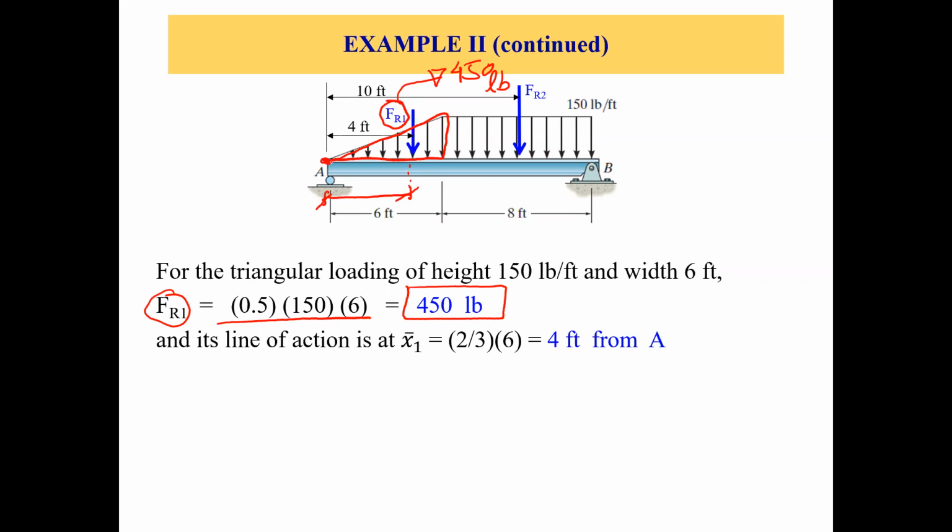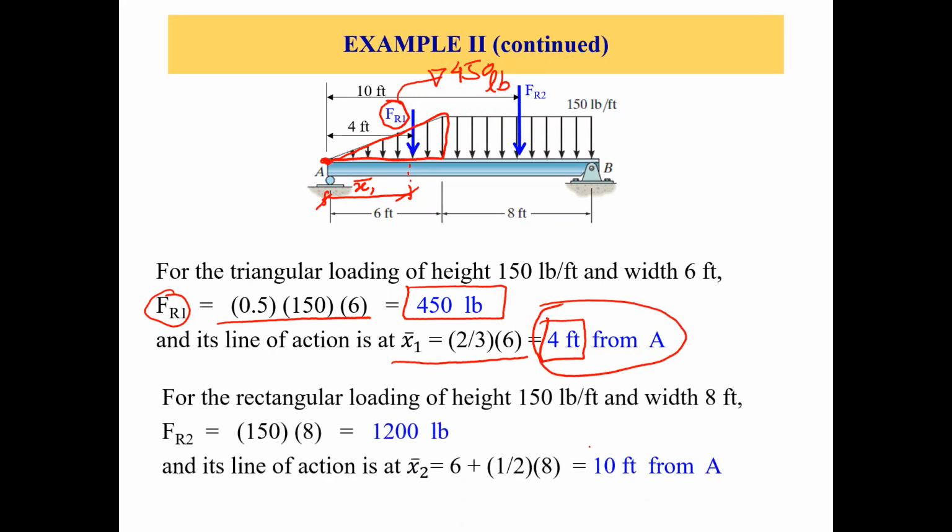So 2/3 times 6. We are talking about FR1, so let's call it x1 bar. So x1 bar equals 2/3 times 6, so we get 4 feet as x1 bar from point A, right? So this is your x1 bar.